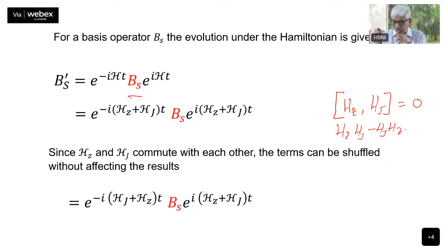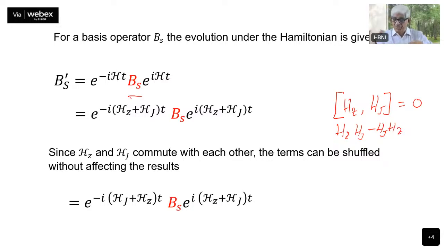This is the expansion of the commutator. When this is equal to 0, we say the two operators commute, and there are special properties when commutation is possible. In other words, you can put them either way, H_Z H_J is equal to H_J H_Z. So I can turn them around without any problem if they commute.